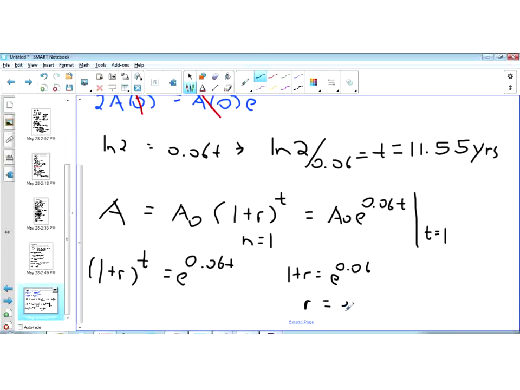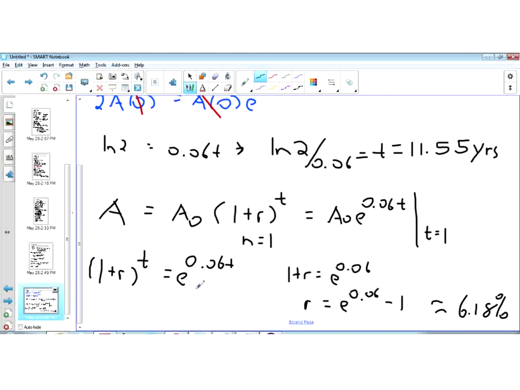Okay, and so r is equal to e to the 0.06 minus 1, which is 6.18%.